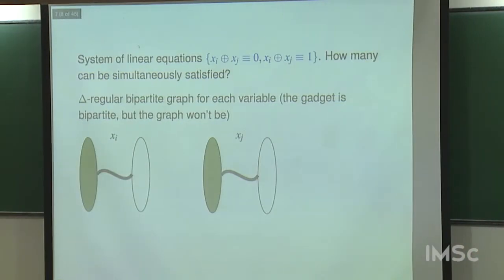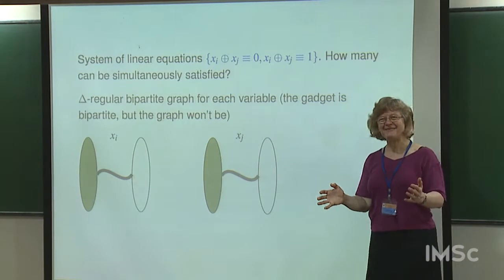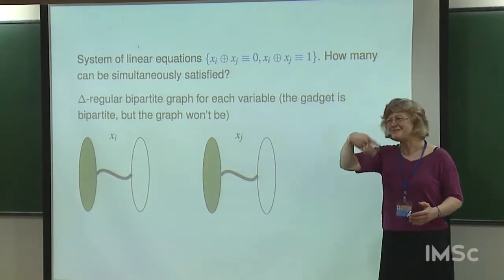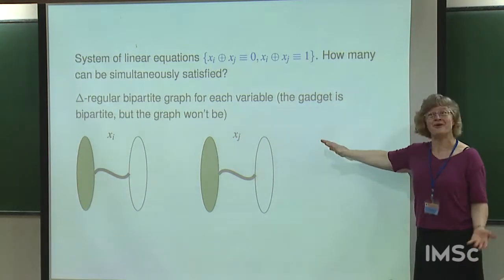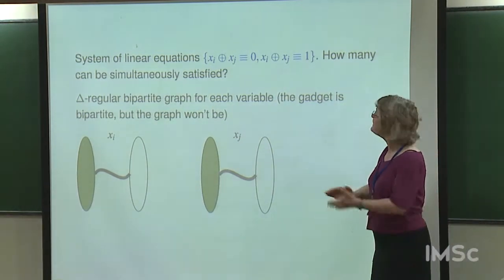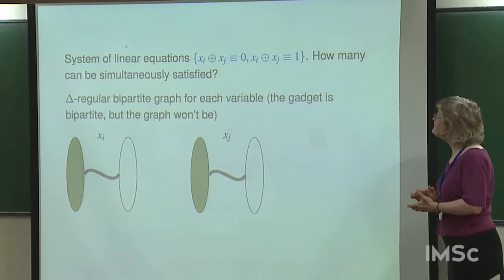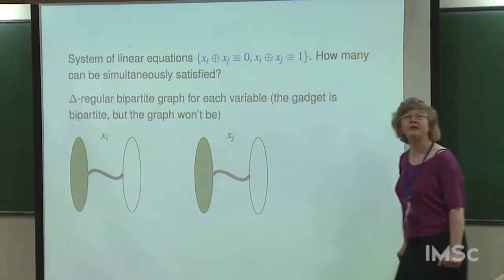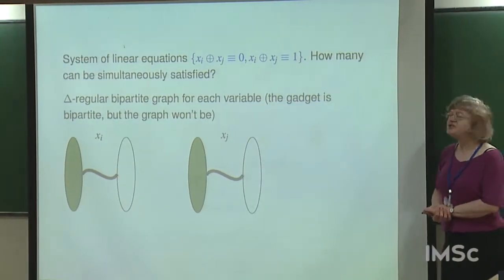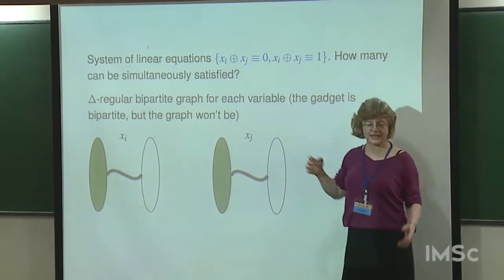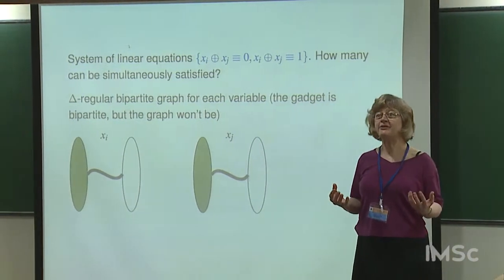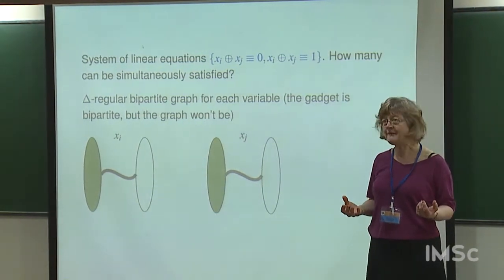Again, it's great to start with the old stuff because as time passes, it eventually seems easy. So this is now easy, and I can just show you this. We're going to start with systems of linear equations, and we just talked about the fact that if I gave you a system of linear equations, it's hard to tell how many you can simultaneously satisfy.